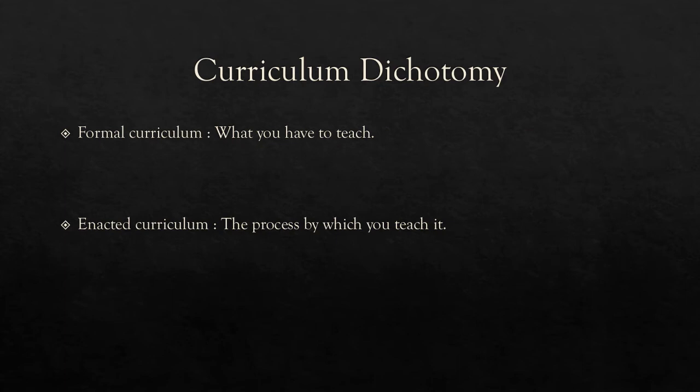Another dichotomy that I wanted to look at is this idea around curriculum, and people use the word curriculum as a single monolithic thing, and it's a little bit more nuanced than that, especially in regards to what we're going to be doing in this class. So we have this idea of formal curriculum, which is external decisions that are made regarding what we're going to have to teach.